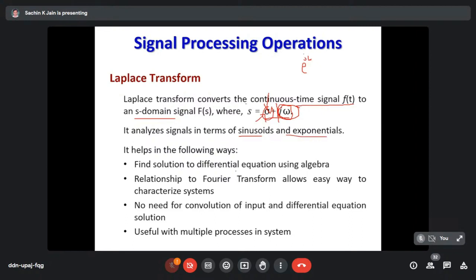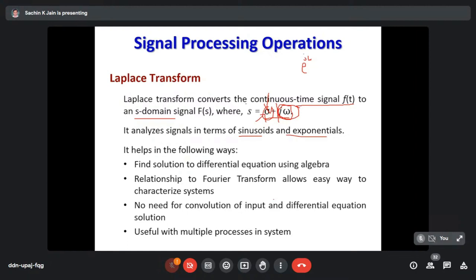It finds solutions to differential equations using algebra, a very popular use that we have seen. There is no need to learn the traditional ways of solving differential equations that we studied in our basic mathematics course. It is also very useful for multiple process systems, which are difficult to solve using a normal differential equation solver without the Laplace domain.